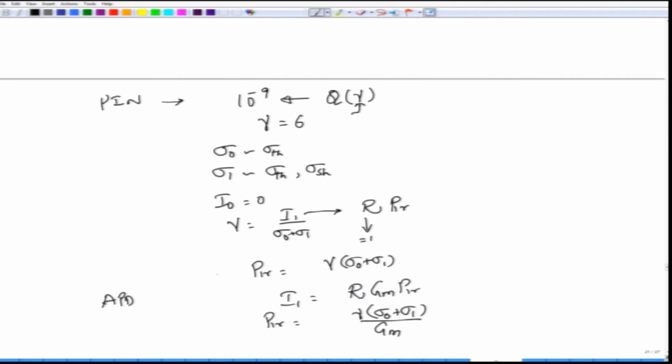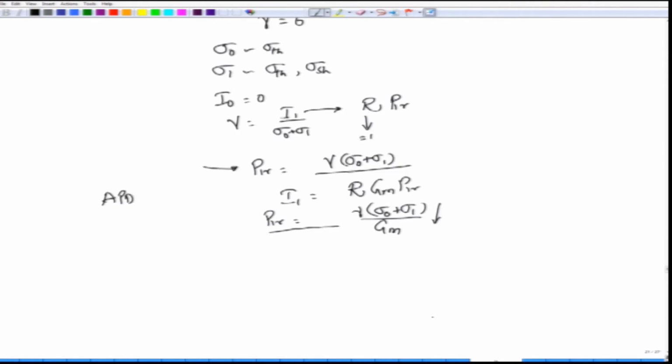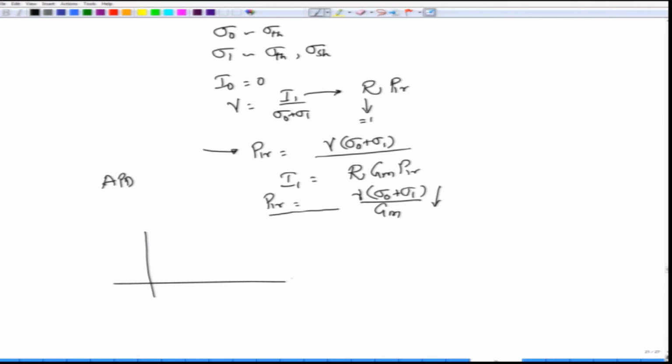Already, without doing any calculation, you can see that this is the APD, which requires this amount of received power, whereas the P1R requirement has gone down by a factor of GM. What it means is that if you look at it as a function of the bit rate, the sensitivity of a pin diode is the worst, whereas because there is a large gain factor GM, the sensitivity of the APDs is much better.